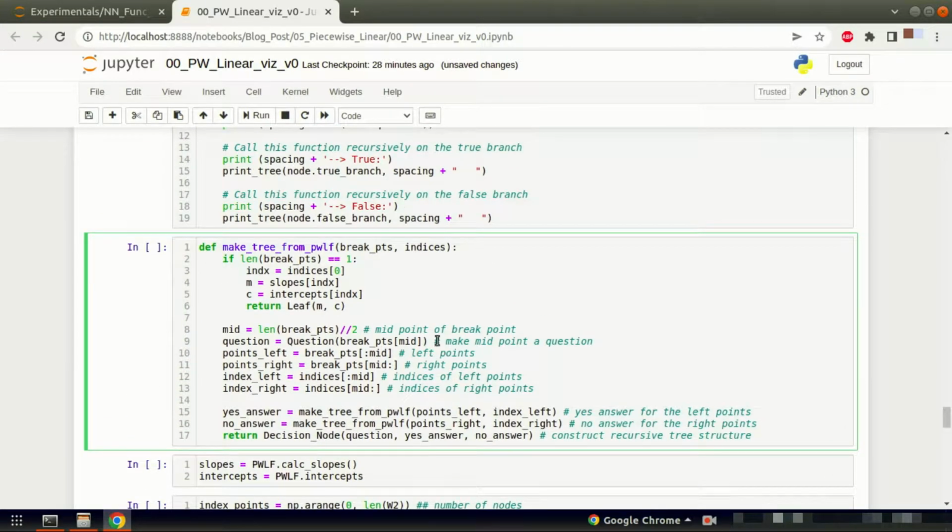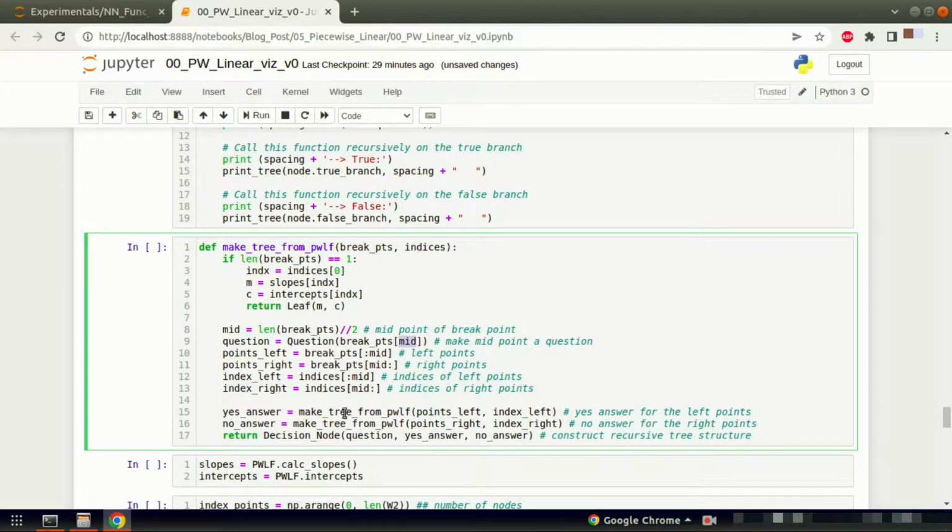This function makes a tree from PWLF, and what it does is start from the given breaking points and the indices, it breaks at the middle point and puts left and right points to make a tree in a recursive fashion, right? And the midpoint would be a question.